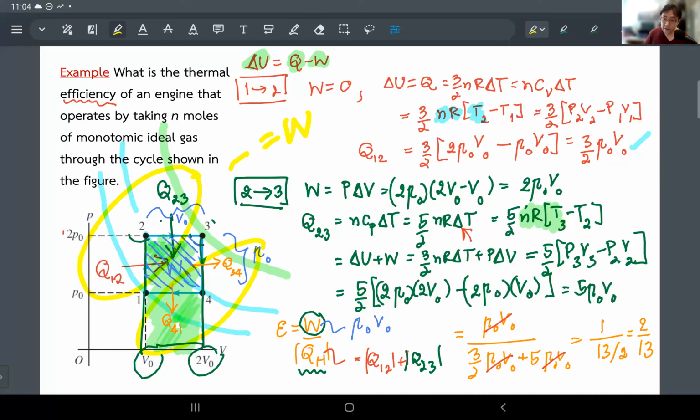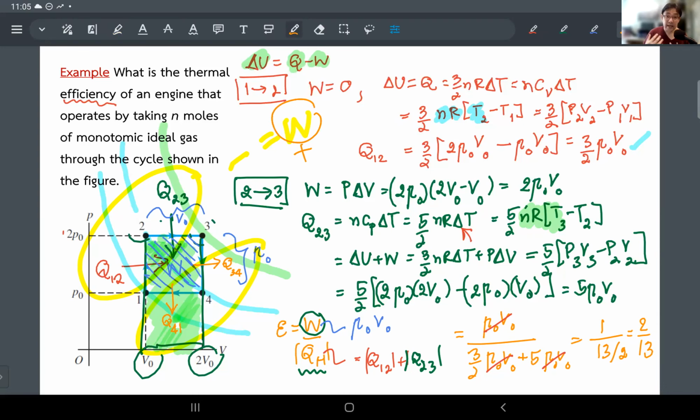Okay, what if the cycle is reversed? That's a very good question. So what we are learning here, you start to see that the cycle is clockwise. When you have a clockwise process like this, you have now verified by doing the full calculation that W is positive. So that means each cycle, you gain some work done from the system.